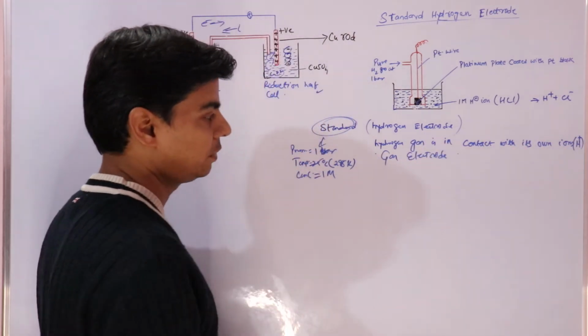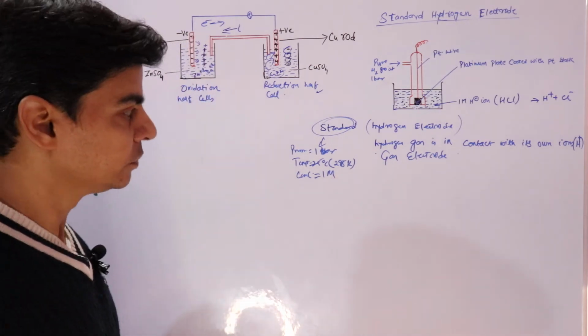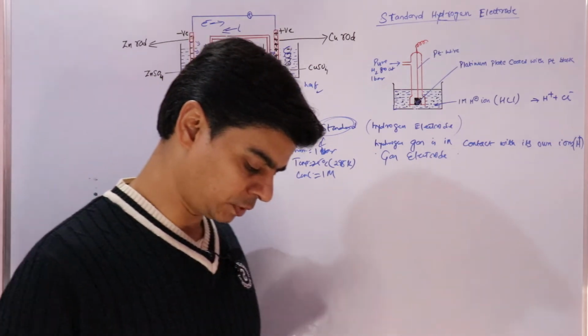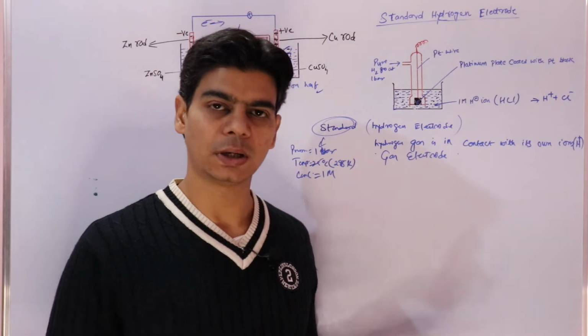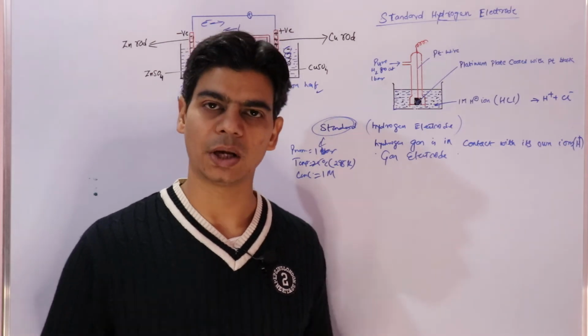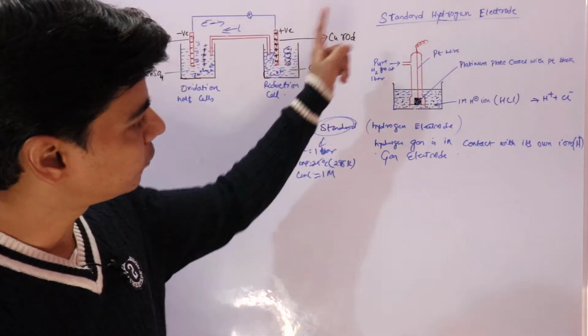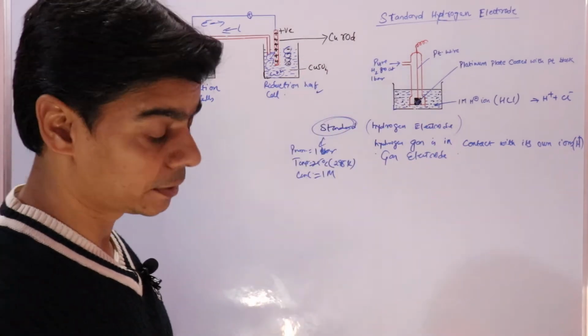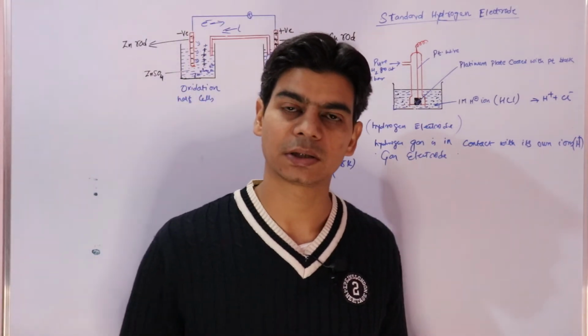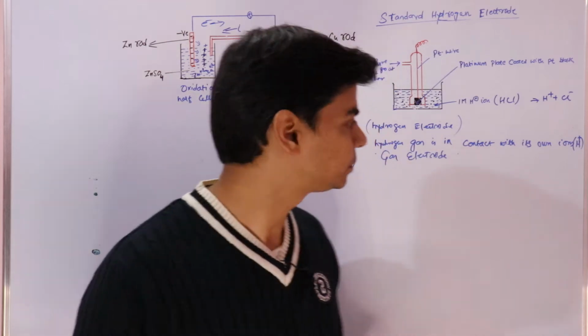So we said hydrogen gas is in contact with its own ions. How can we bring hydrogen gas in contact with its own ions? We will understand it from this diagram, from the construction of standard hydrogen electrode.